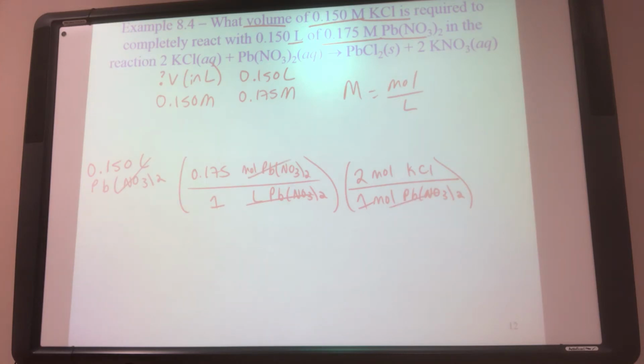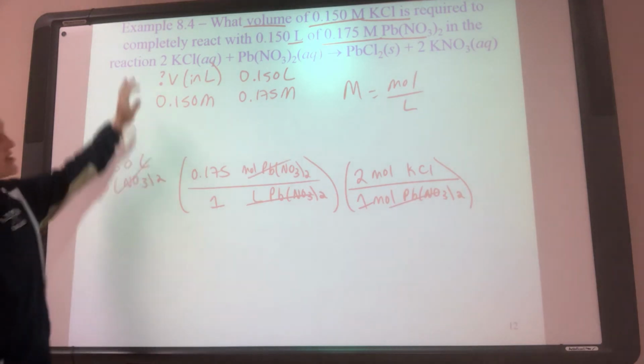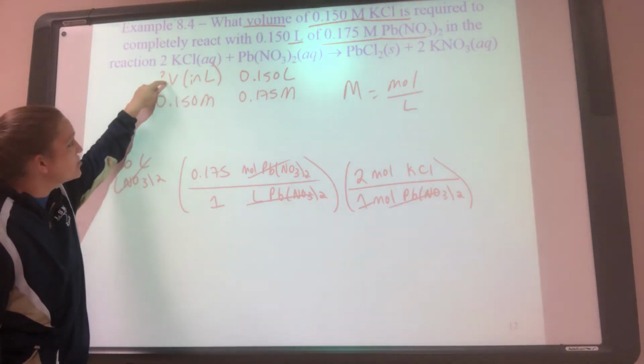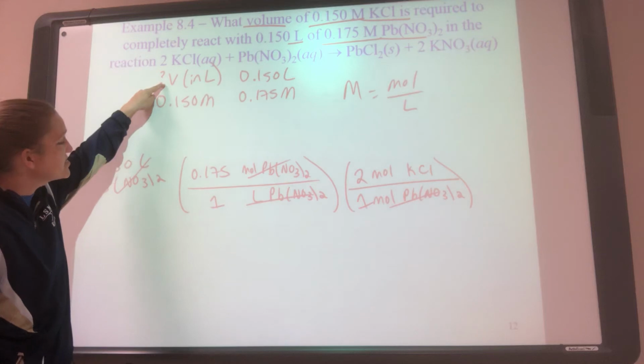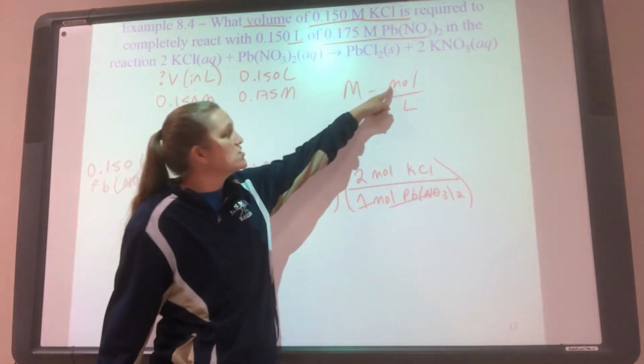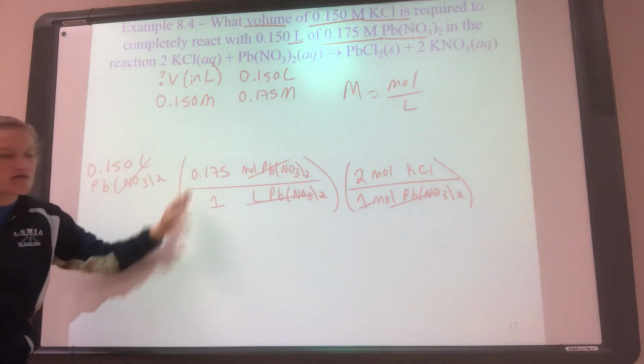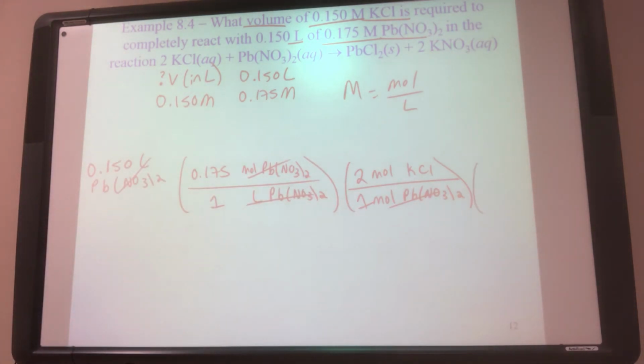So now I have moles of KCl. So now I'm on this side, and I have moles. But I don't want moles. What do I want? I want volume. So what relates my moles? If I have moles and I want volume, I have to use the molarity, just like I used here. So moles of my KCl is going to go on the bottom. Liters of my KCl is going to go on top.